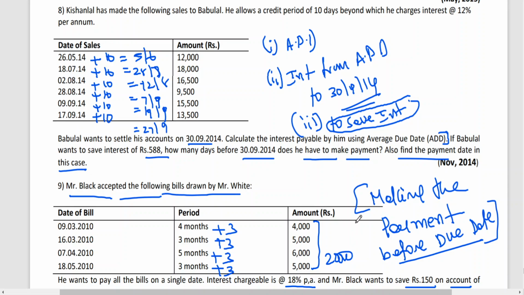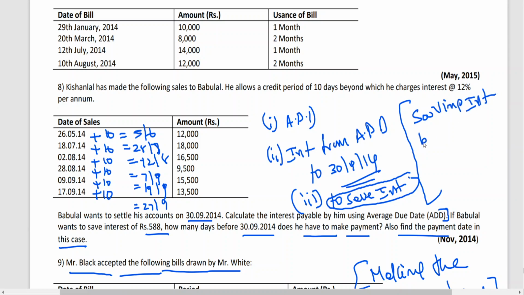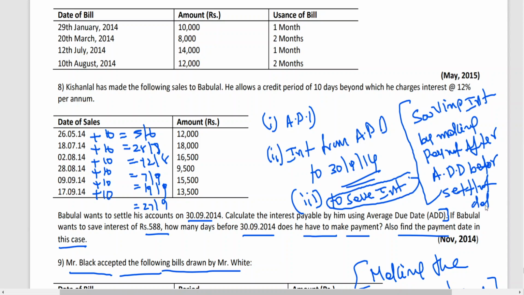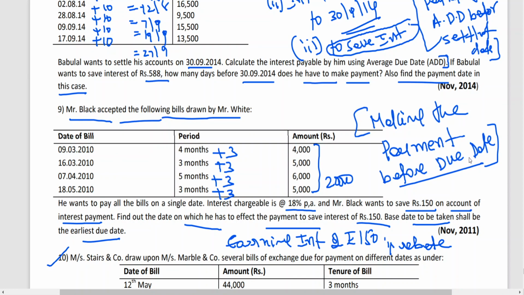If you want, you can make a comparison. That problem is after average due date, before settlement. What is the settlement date? 30th September. This problem is making payment before due date. That one is after due date, before settlement. This is making payment before due date.